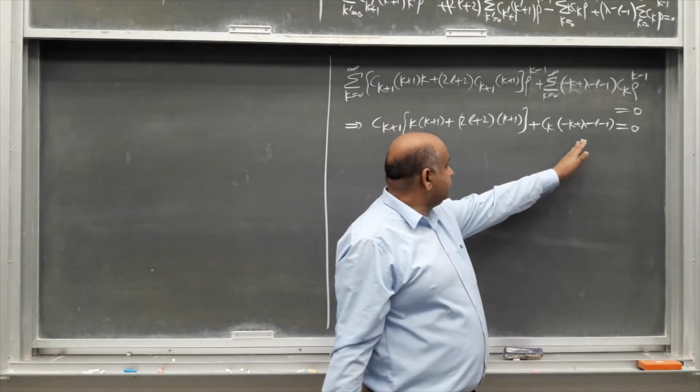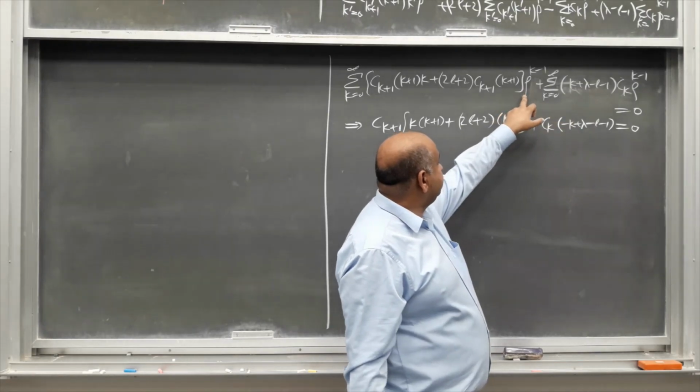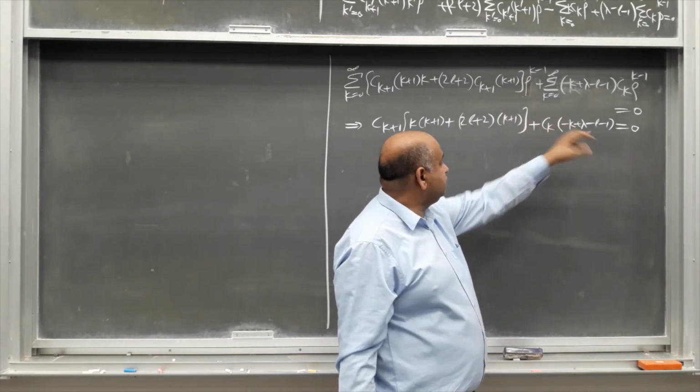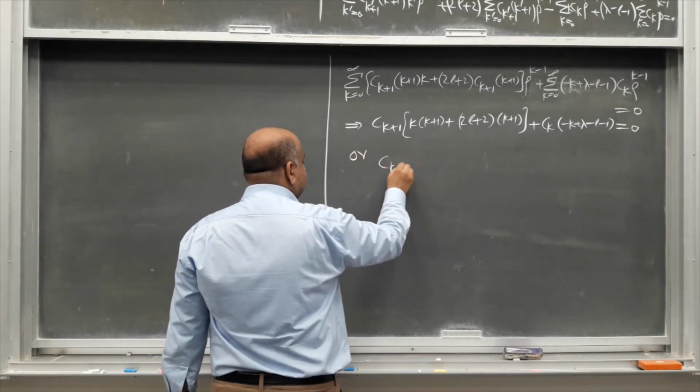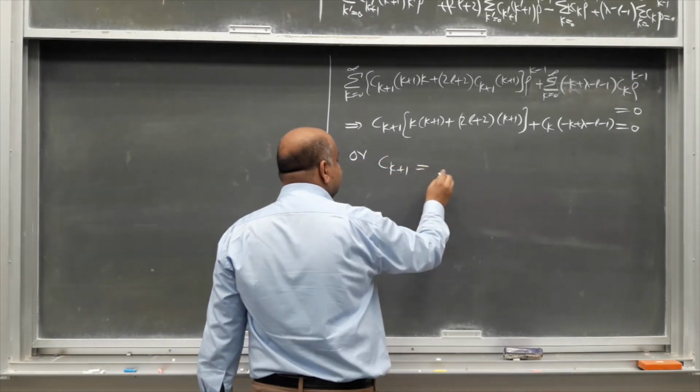So this coefficient of rho power k minus 1 should be 0, which means that I can find c k plus 1 in terms of c k.